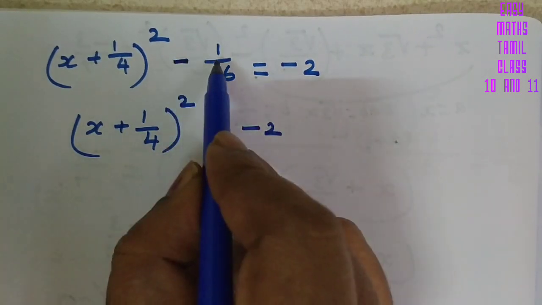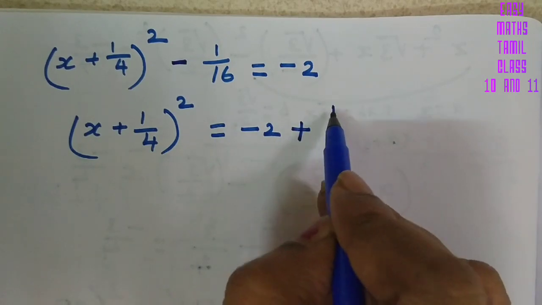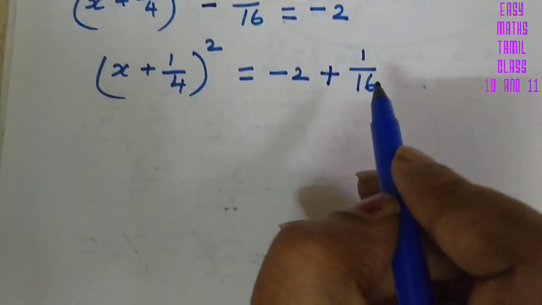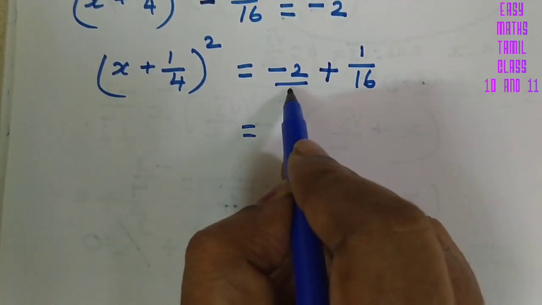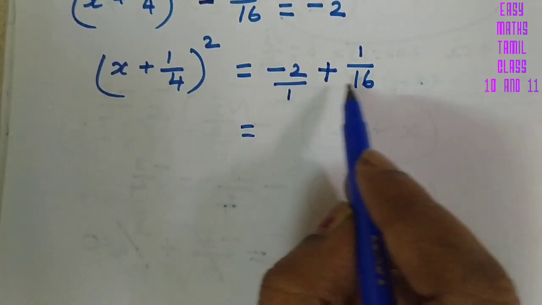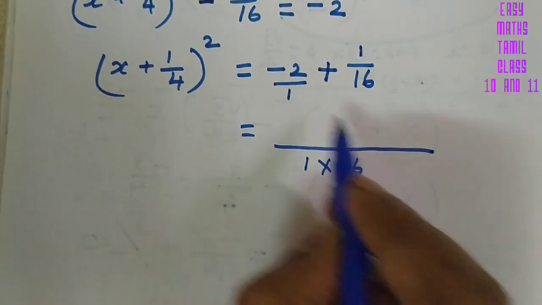Taking this minus 1 by 16 to the right hand side of this equation, this will become plus 1 by 16. So adding these values, we can't add as it is, since 1 by 16 is a fraction. So take LCM, 1 into 16 is 16.